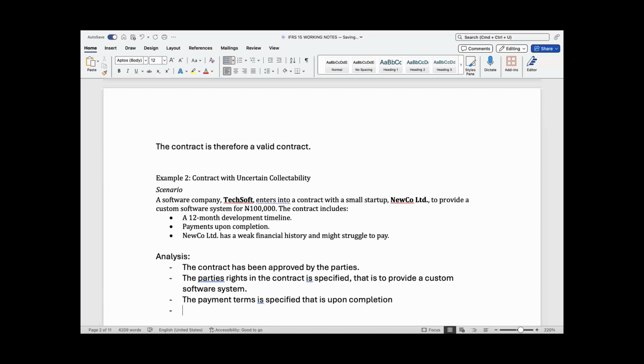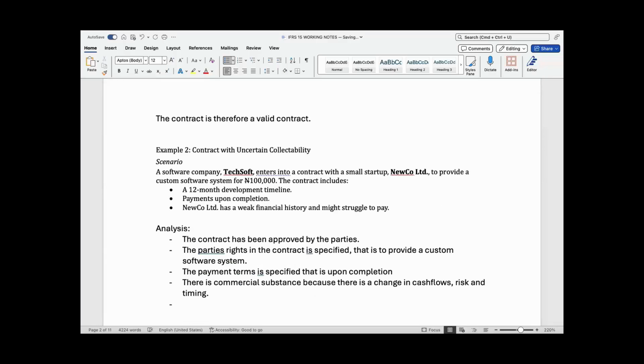Also, there is commercial substance because there is a change in cash flows, risk, and timing.